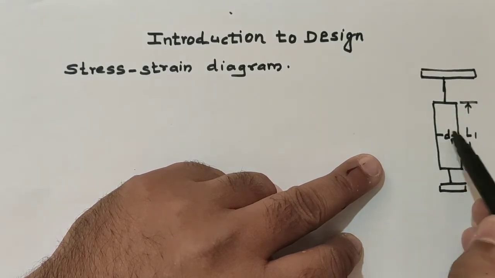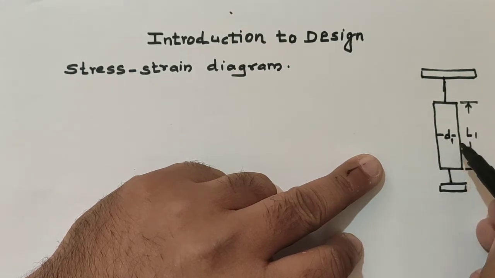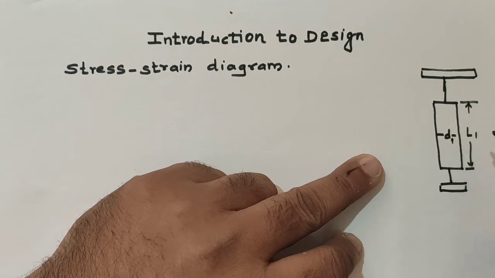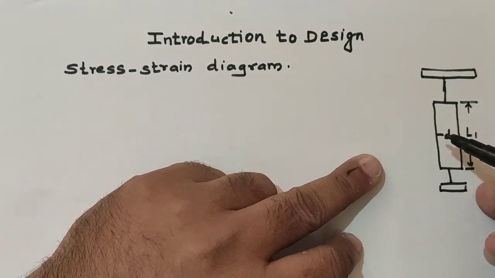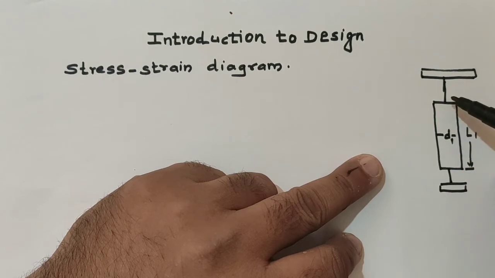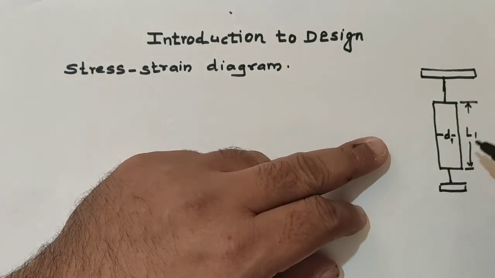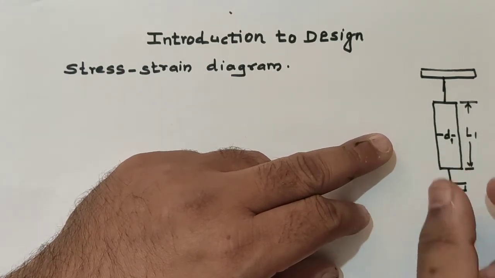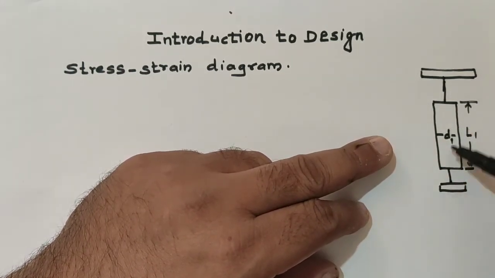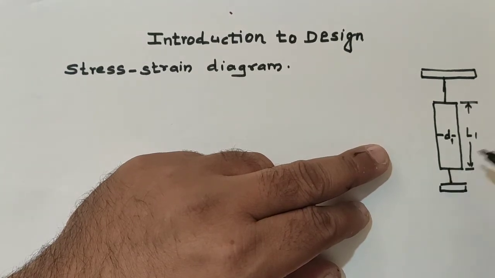Now we can calculate the area of this specimen, that is pi by 4 D1 square, and the strain, that is the change in the dimension upon the original dimension. Because of loading this specimen, elongation will occur, and the elongation is measured by determining the change in distance between two reference points.